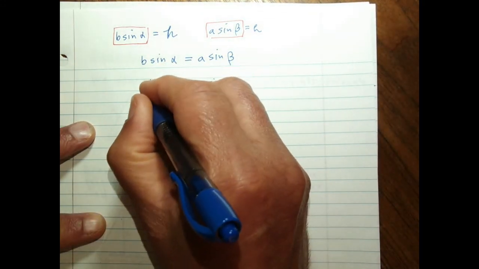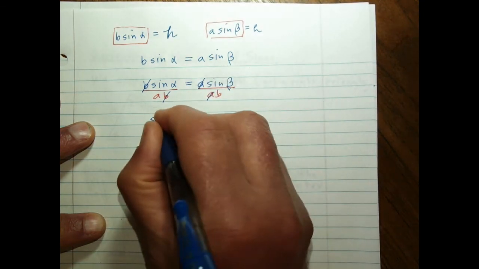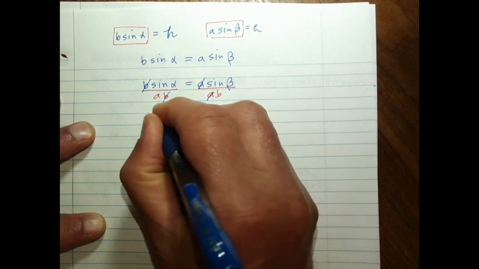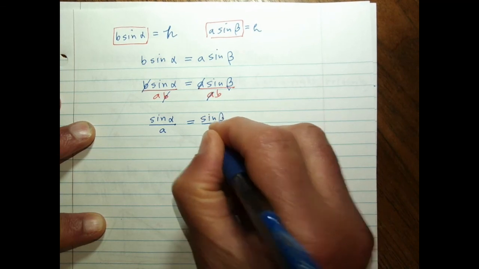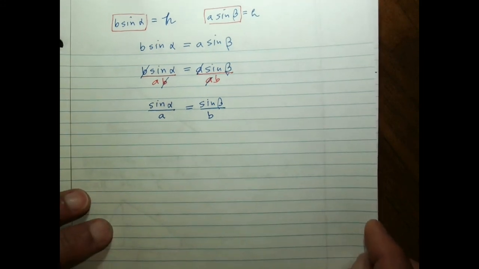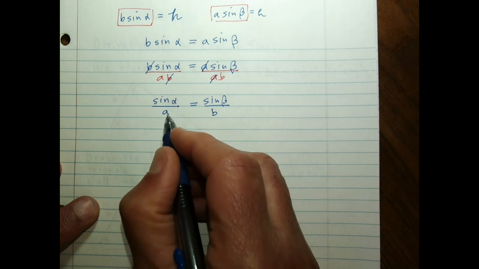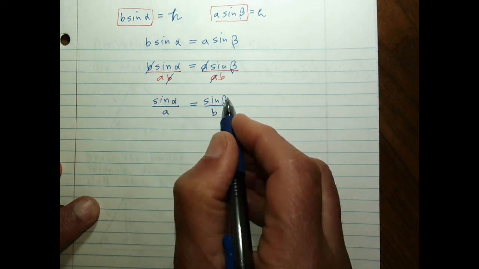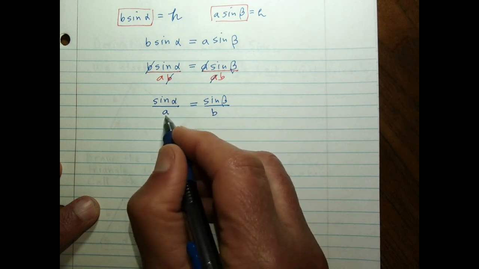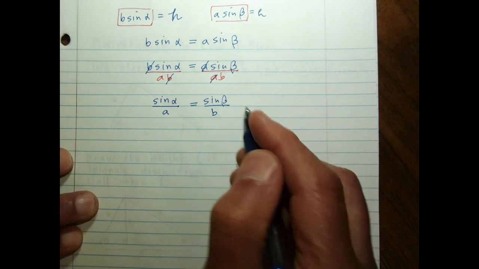So I'm going back to fractions because b cancels here, a cancels here. I have sine alpha over a equals sine beta over b, and that's really the beginning of what we call the law of sines. It's the sine of an angle over a side equals the sine of another angle over the side. And notice angle alpha corresponds to side a, angle beta corresponds to side b.